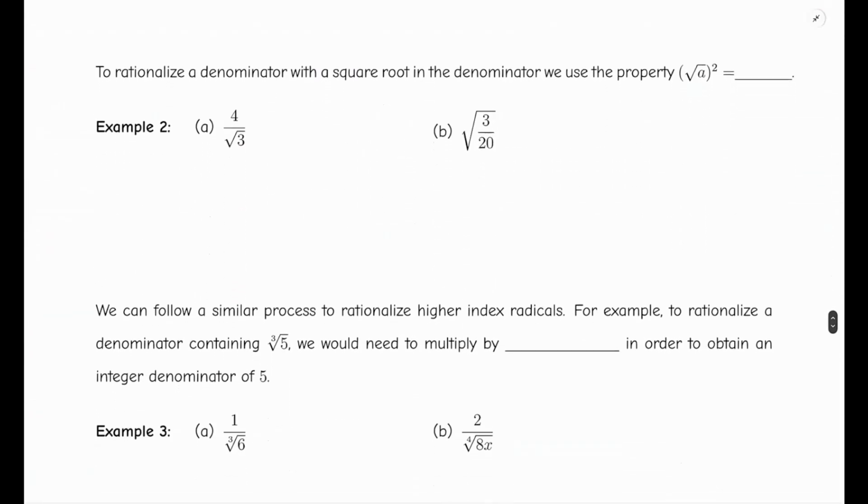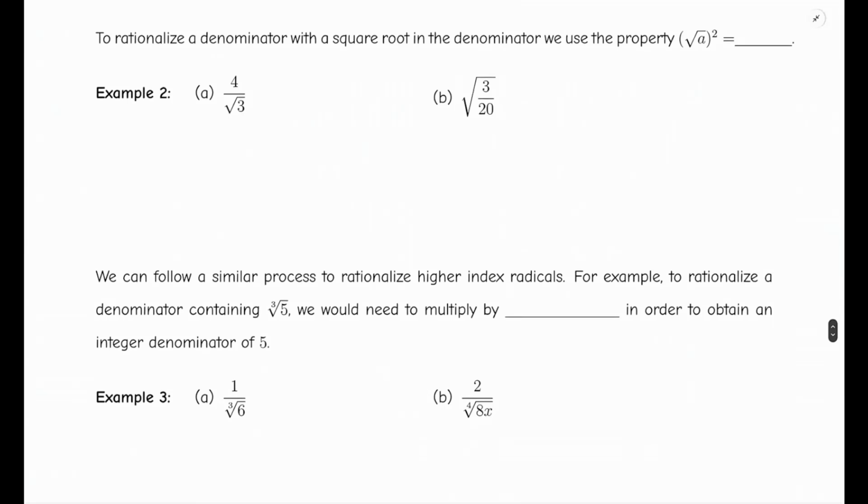To rationalize a denominator with a square root in the denominator, we use the property that the square root of a squared equals the square root of a times square root of a. So for 4 over the square root of 3, I'm going to multiply by the square root of 3. That way, the denominator becomes square root of 3 squared, which is just 3.